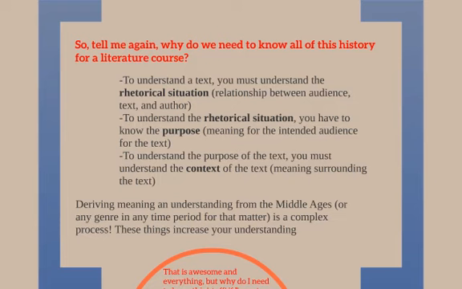To understand the rhetorical situation, you have to know the purpose, and that is the meaning for the intended audience. And to be able to understand the purpose of the text, you've got to understand the context of the text. And the context is meaning surrounding the text.